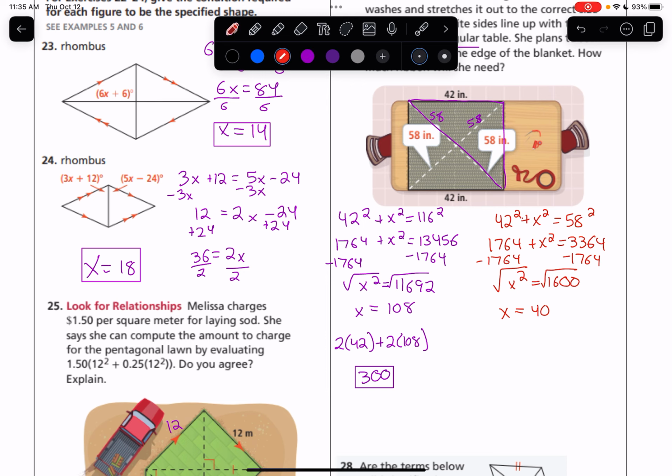Let me get red here. Two side lengths that are 42 plus two side lengths that are 40, which means the perimeter is 164 units. So either or would work here. Let me write or in big letters. So you can have either one of these methods for solving.